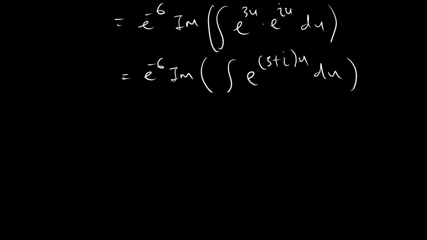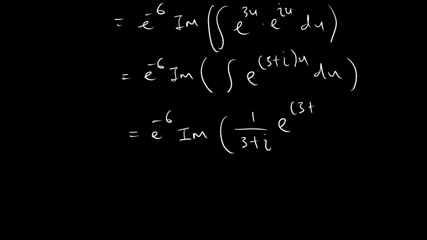Okay, so this becomes e to the negative 6 times the imaginary part of 1 over (3 plus i) times e to the (3 plus i)u plus the integration constant.